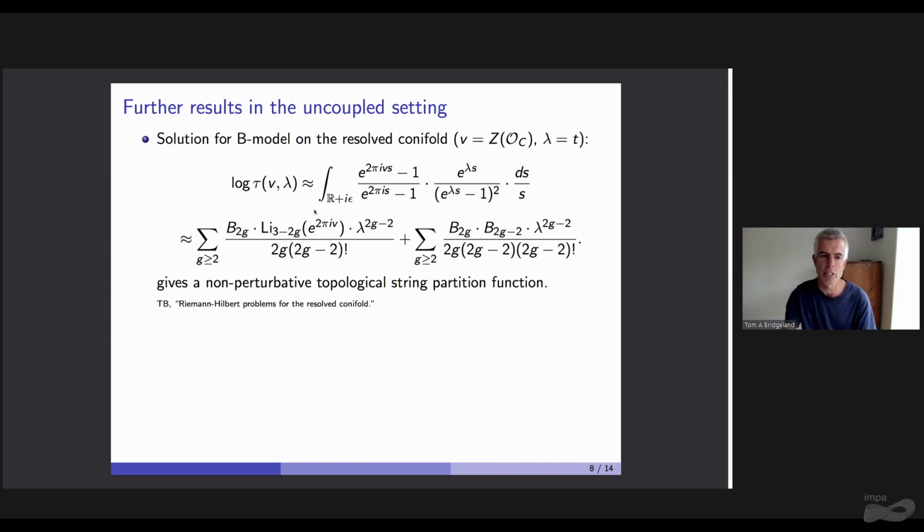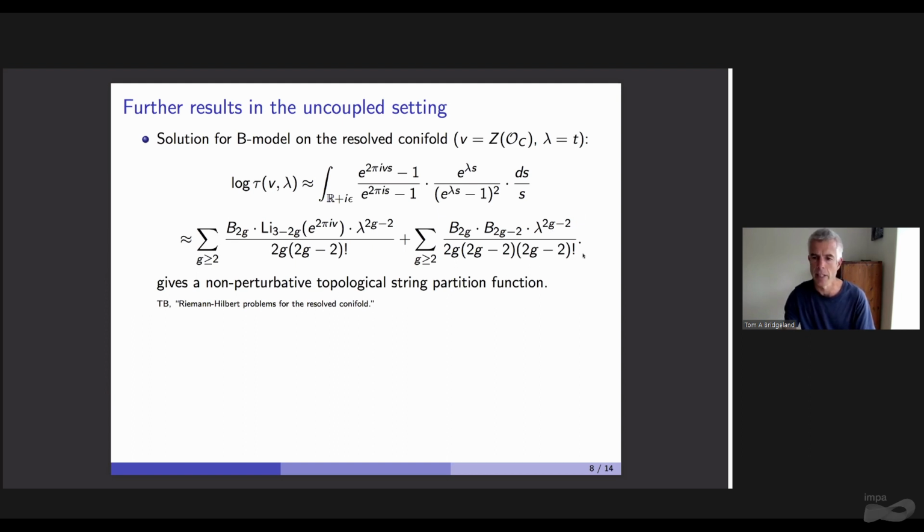And it's interesting because on the one hand, it's some nice analytic function given by this contour integral. And on the other hand, its asymptotic expansion as t goes to 0 reproduces the genus expansion in Gromov-Witten theory.